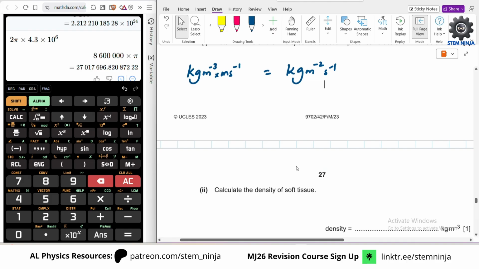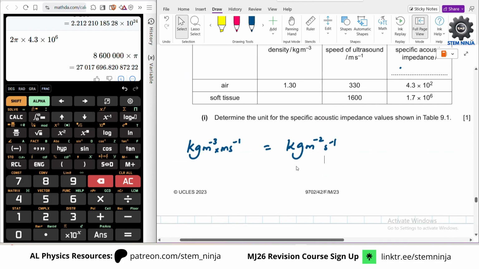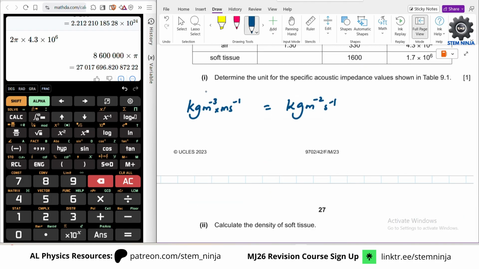Okay, calculate the density of soft tissue. Sorry, let's write it over here, Z equals rho c.